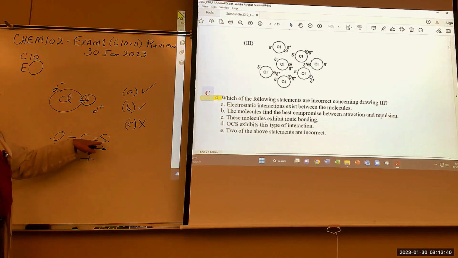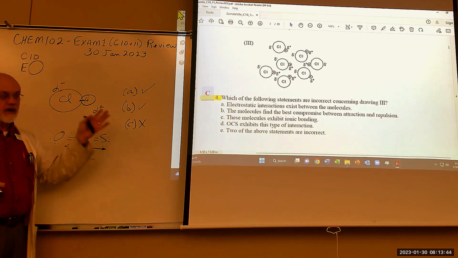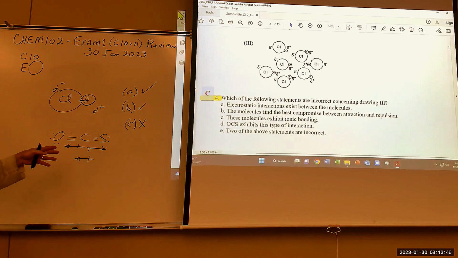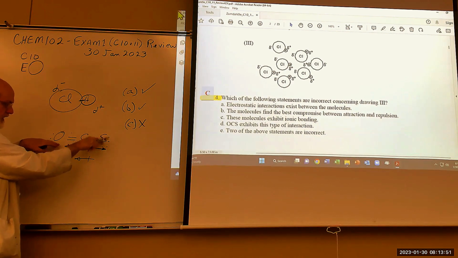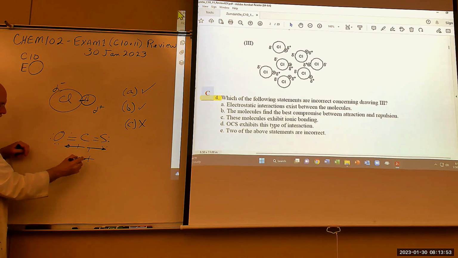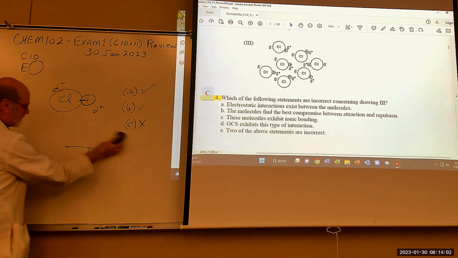Now, if we had oxygen on that side, carbon dioxide, it would be nonpolar. It would not exhibit that behavior. But since we have this slight difference between this electronegativity and that one, we do get a net dipole toward the oxygen. Okay, clear as mud. All right.